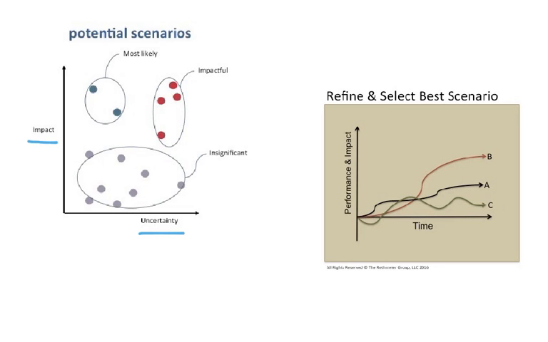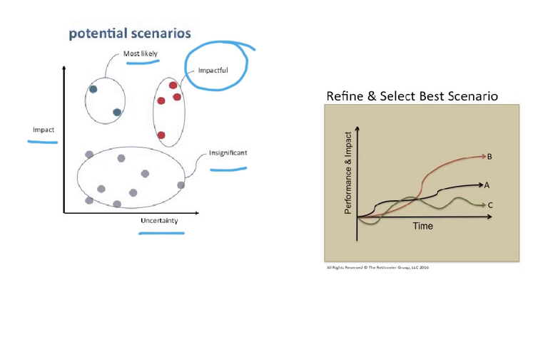And then secondly, what is the real impact? So we've given sort of three clusters here. One is insignificant, one is most likely, but not necessarily a lot of impact, and this one, the third one, is the one where you have the greatest impact.